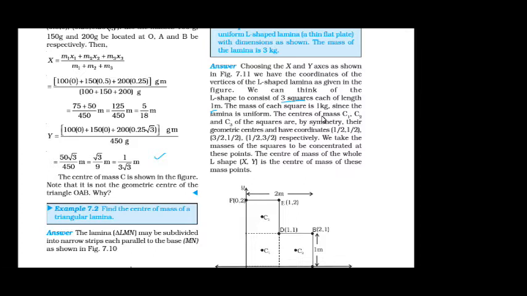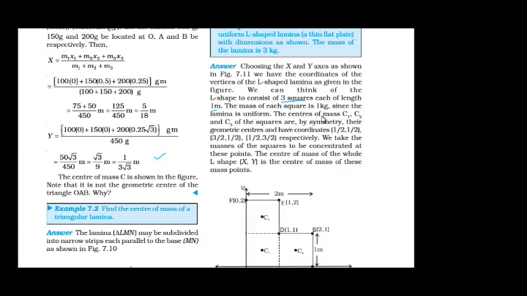Since the lamina is uniform, the centers of mass C1, C2 and C3 of the squares are, by symmetry, their geometric centers and have coordinates (1/2, 1/2), (1/2, 3/2) and (3/2, 1/2) respectively.